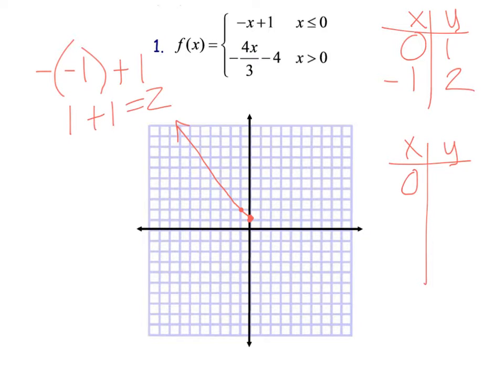Plugging in 3, I get -4 times 3 over 3 minus 4. Remember, this is negative, so -12 divided by 3 gives us -4, and then minus 4 gives us -8.